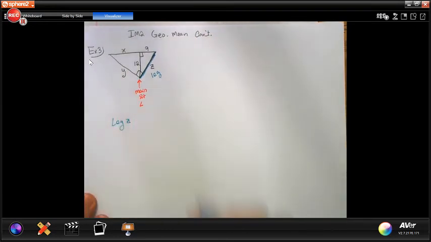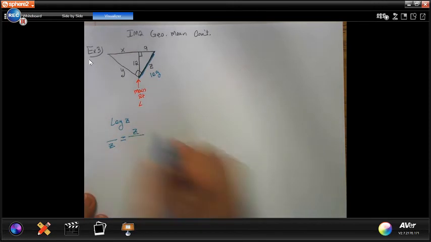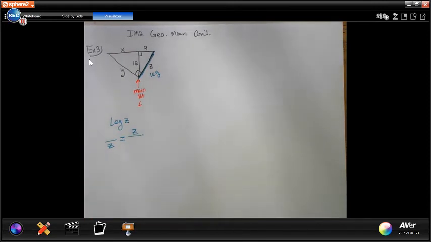Leg Z. We're going to make a proportion. Z and Z, it goes diagonal to itself. Okay, the next one, the other leg.